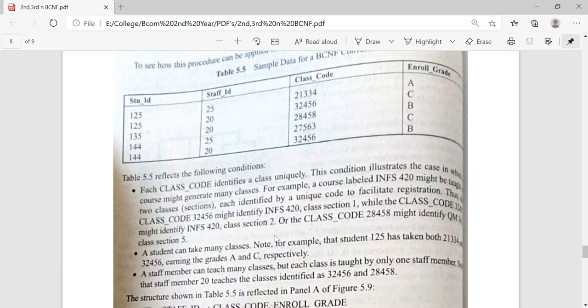So class code INFS 420, when it is taught in section 1, it will resemble this. The same class code is used when the same subject is taught in section 2.